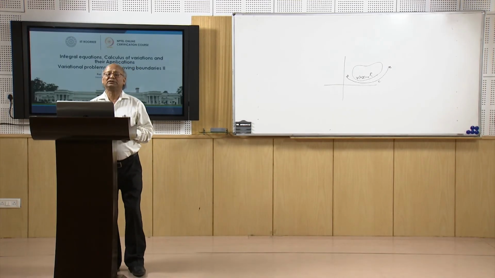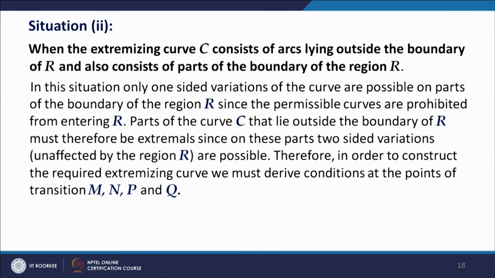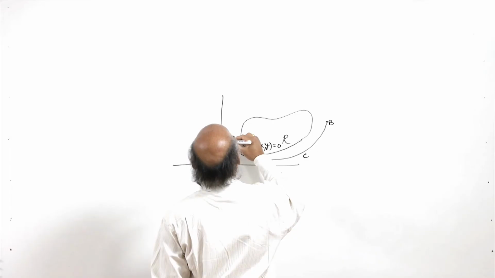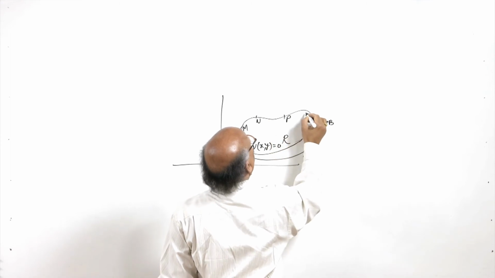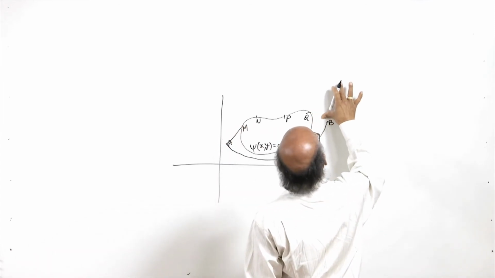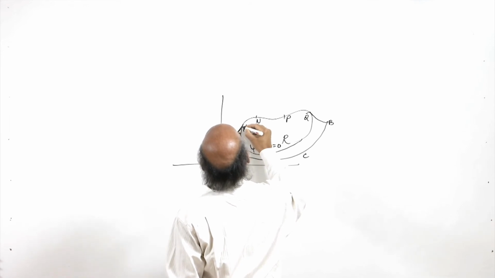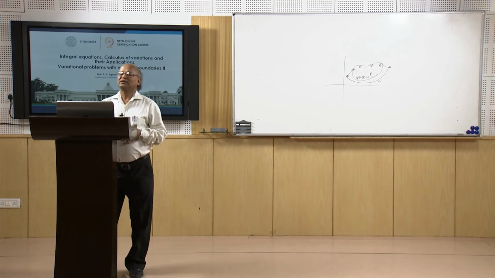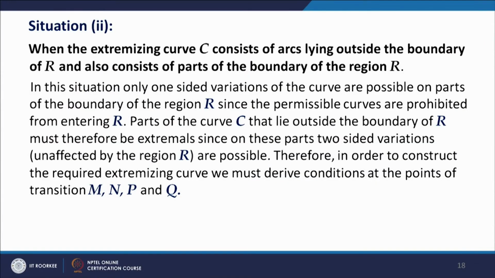Now let us say this situation 2. In the second situation, the extremizing curve C consists of arcs lying outside the boundary of R and also consists of parts of the boundary of the region R. So we may have a situation like this, where the extremizing curve C consists of arcs which lie outside the boundary of the region R, that is AM and QB, and also consists of parts of the boundary of the region R, that is MN and PQ.